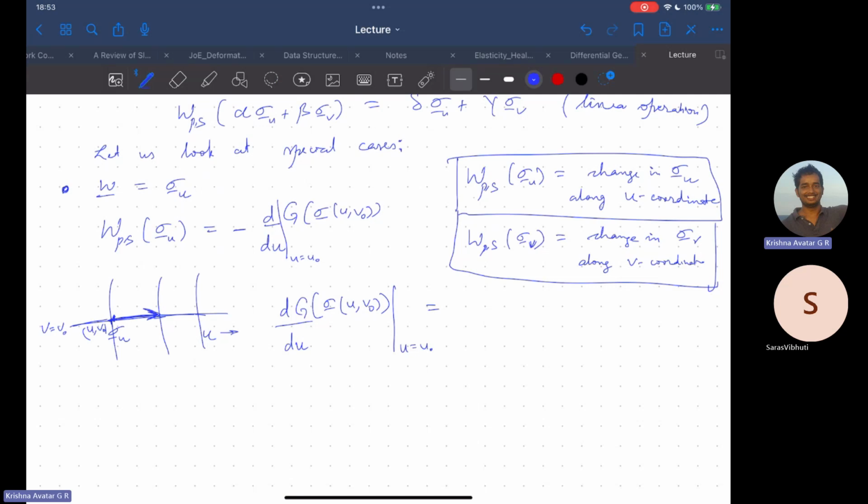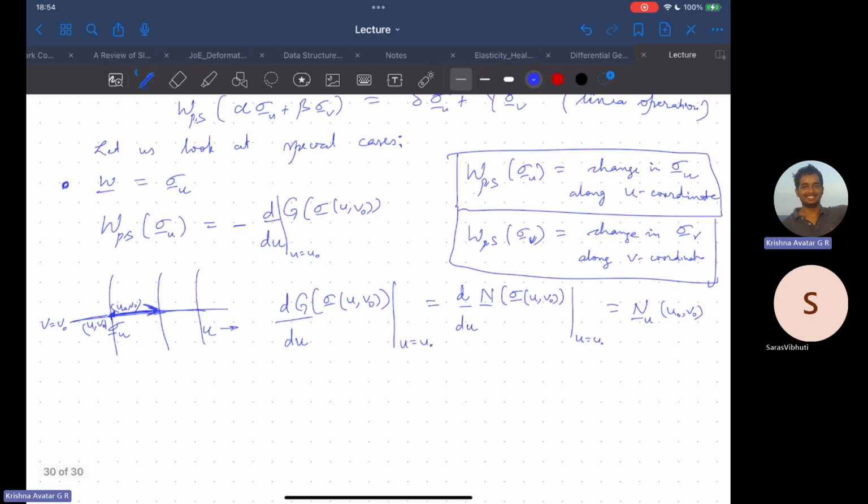Now for this case, you know that the Gauss map is nothing but the normal vector. So n vector of sigma at the point (u, v_0) at u equal to u_0. We can write it clearly as n_u at (u_0, v_0). This point is (u_0, v_0) actually, right?